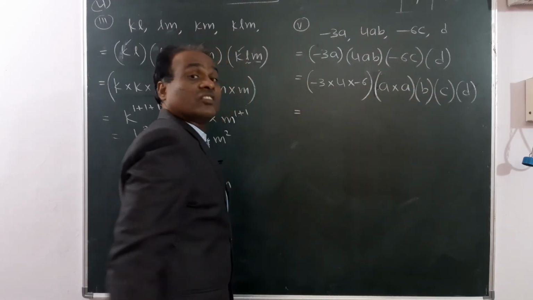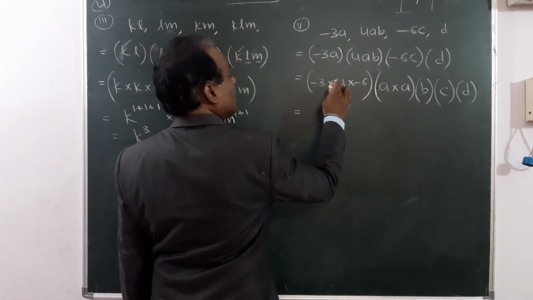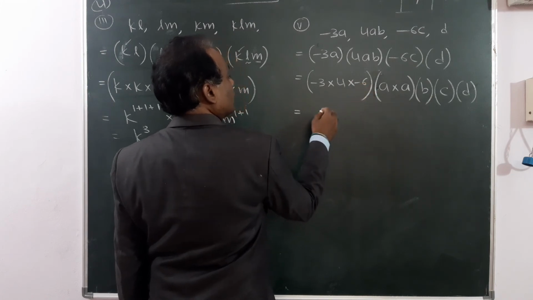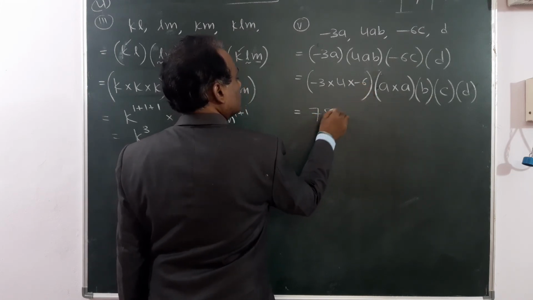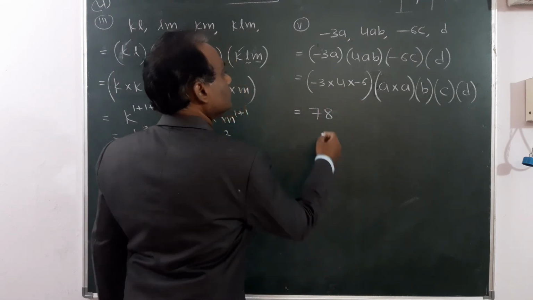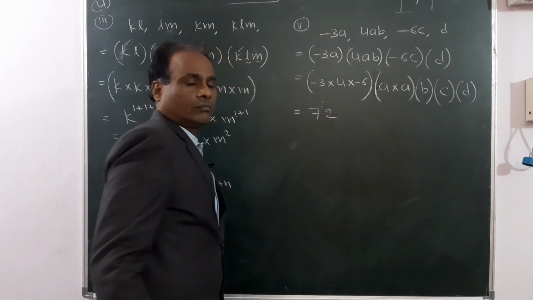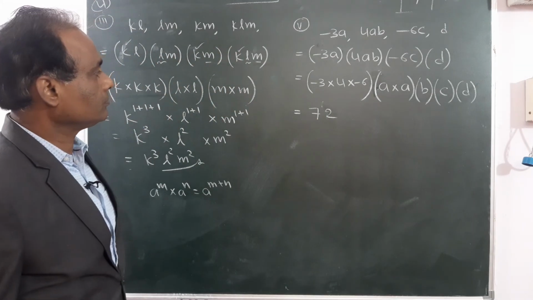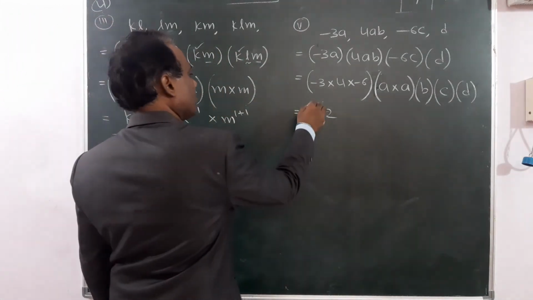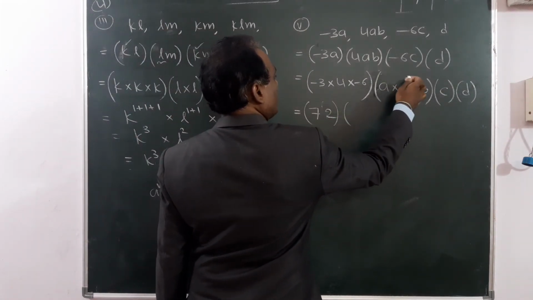Minus into minus is plus. 3 into 4, 12, 12 into 6: 3 4s are 12, 12 6s are 72. Next, bases are same, in multiplication powers are added.